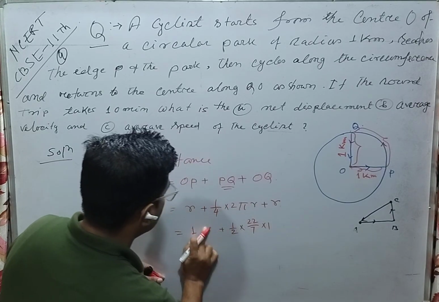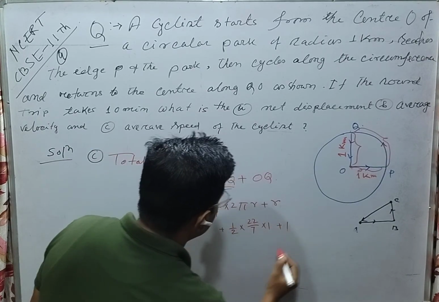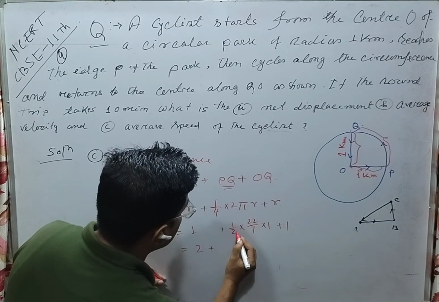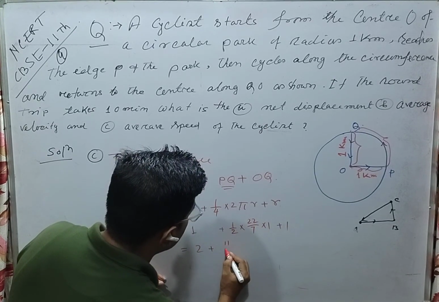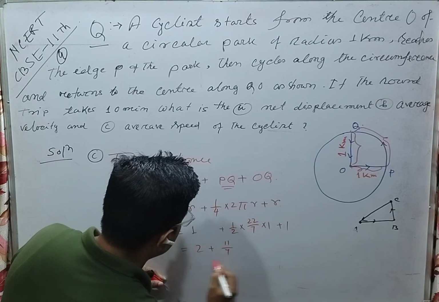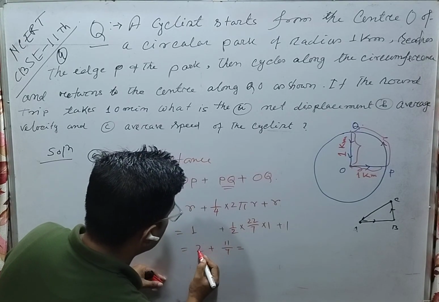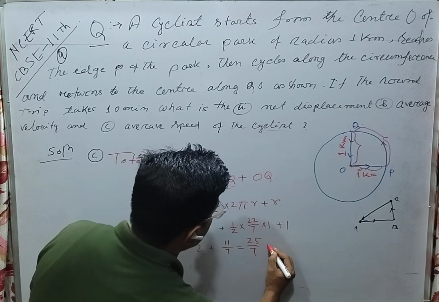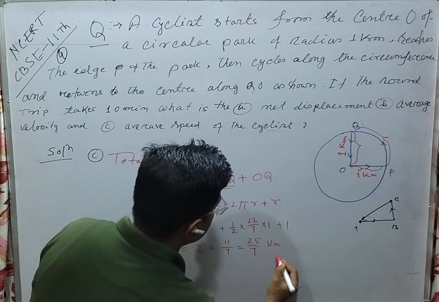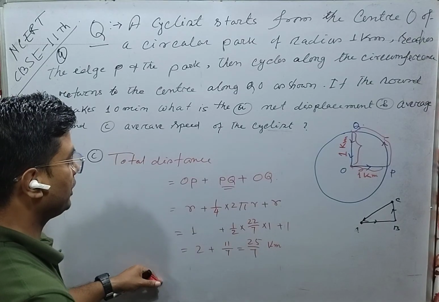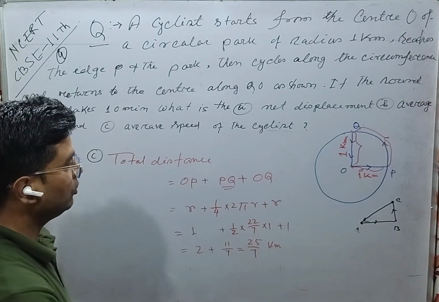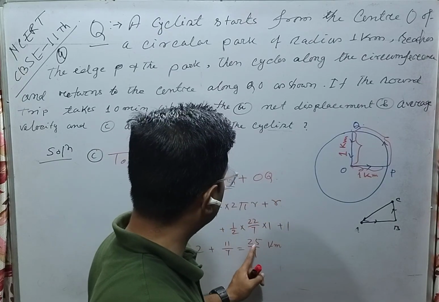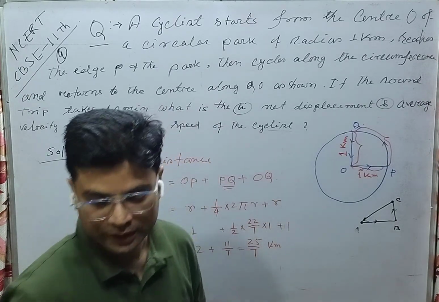Write the unit. 1 plus 1 is 2, plus 11/7, which is (14 plus 11)/7, equal to 25/7 kilometer. The distance covered by the cyclist is 25/7 kilometer.